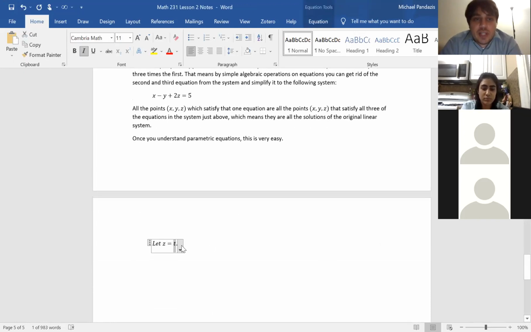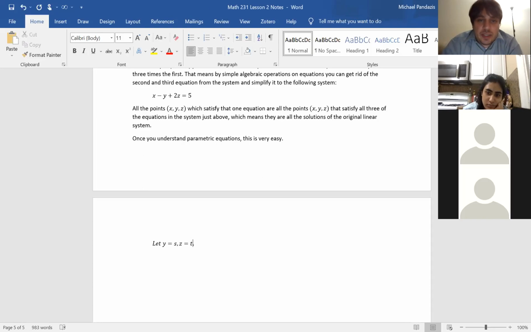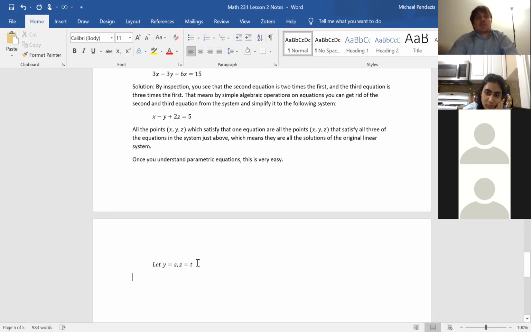Sorry. Let y equal s and z equal t. Okay, so why am I now having 2 letters here where before it was only t? Because there's only one equation.